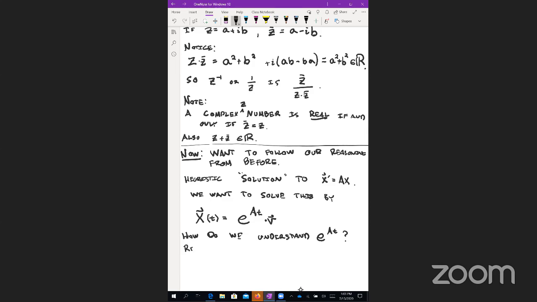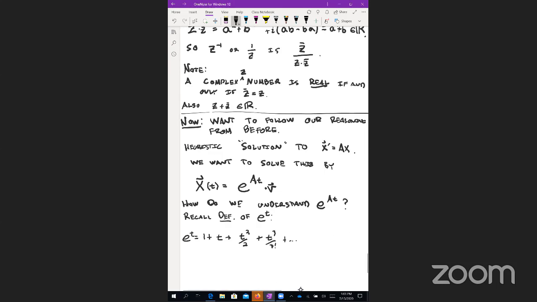So let's recall the definition of e to the t. It is that e to the t is equal to 1 plus t plus t squared over 2 plus t to the 3 over 3 factorial, etc. That's the definition of e to the t as a function.